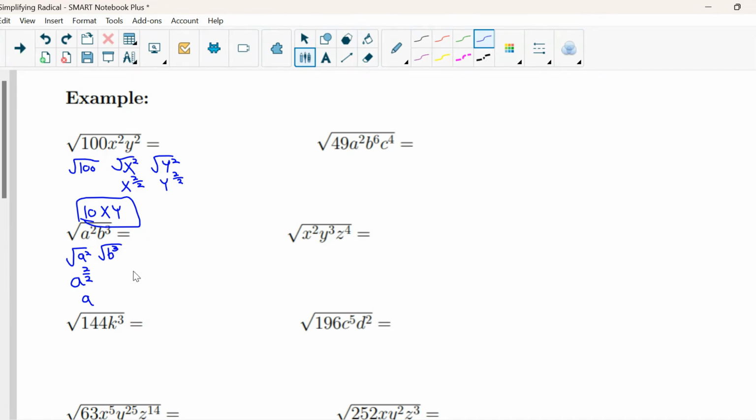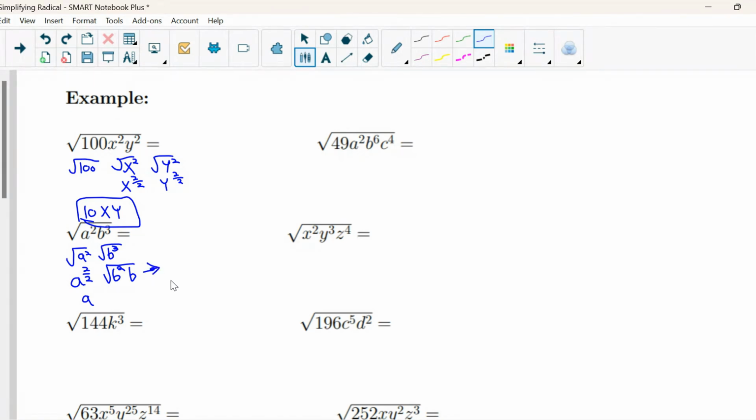But in a case like this, with b cubed, 3 is not divisible by 2. So I'm going to have to split this one up. I still have the square root, but this time I'm going to split this up to b squared, so that can divide out just like our a. Well, b squared times b gives me b cubed, so that's how I'm going to split this up.